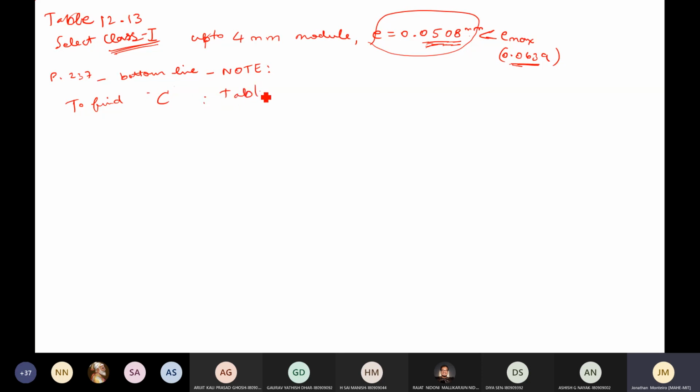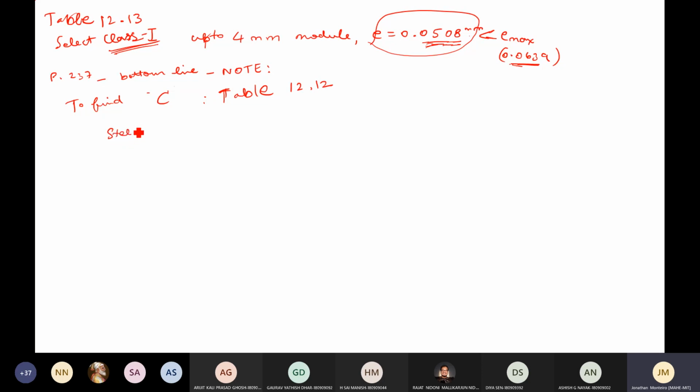In 12.12, choose very carefully here. There are a lot of combinations. You will have to think about the material: cast iron and cast iron, cast iron and steel, steel and steel. We know that both are steels.